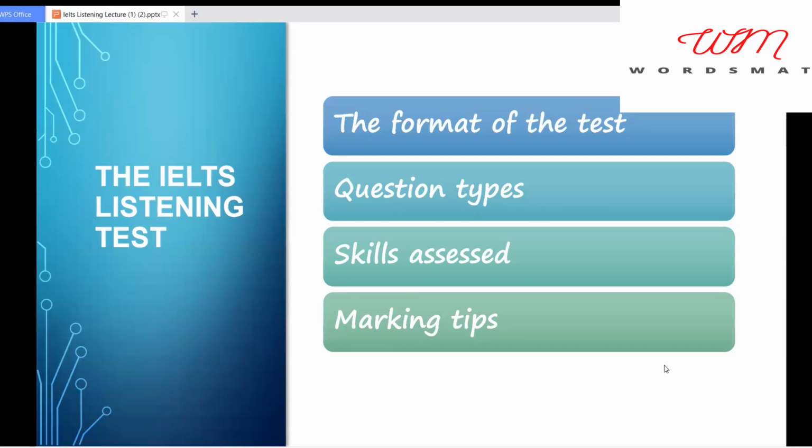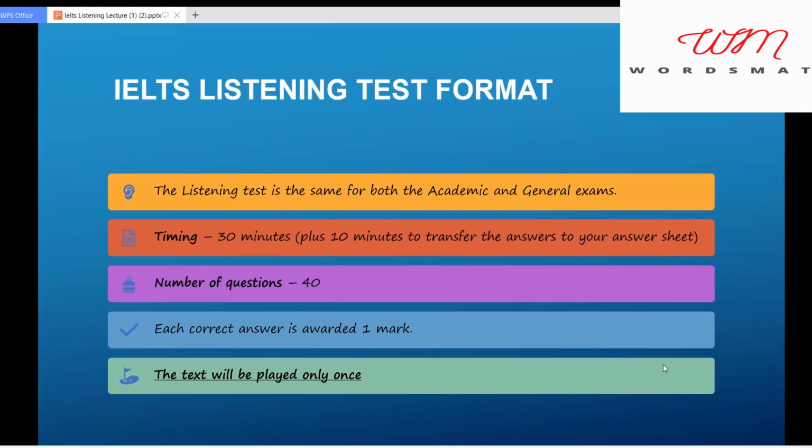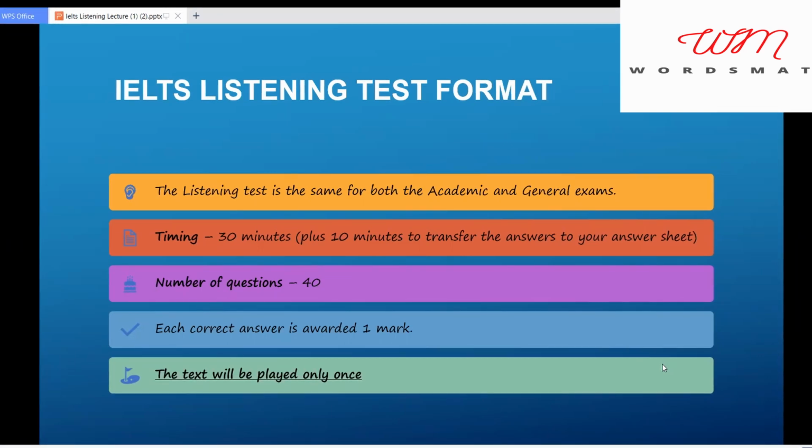That's all about it. So let's start with the IELTS listening test format. Always remember, the listening test is the same for both the academic and general training exam. With regard to the timing, you will be given 30 minutes to listen to the audio with the headset, plus 10 minutes extra to transfer your answers to your answer sheet.